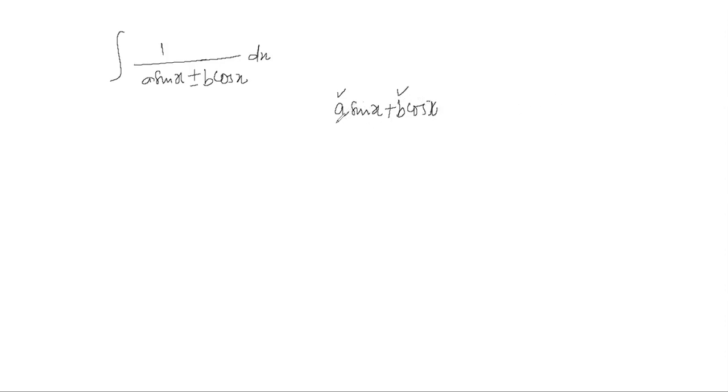To convert these trigonometric functions into a single trigonometric function, I will use a right triangle, where a is either the perpendicular or the base. Suppose I take a as the perpendicular, then b becomes the base.